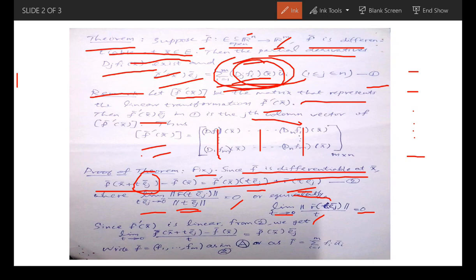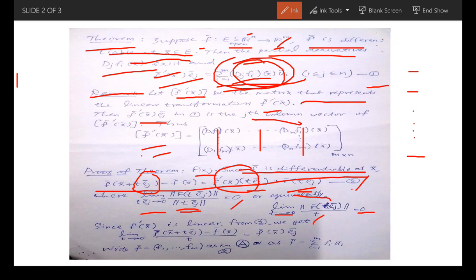Now look at this term, f dash x applied to the vector tej. But f dash x is linear. Therefore from equation 2, what we will get? F dash x times tej becomes t times f dash x applied to the vector ej.